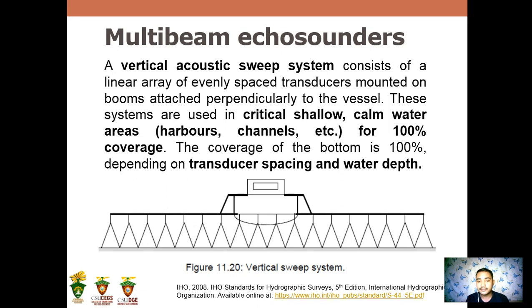The coverage of the bottom is 100% depending on the transducer spacing and water depth. So vertical acoustic sweep. So this is the sweep system. Na ikuan diri transducer. So the series of transducers to ensure the 100% bottom coverage. Again, ginagamit ni siya sa shallow, critical shallow, and calm ang water areas.